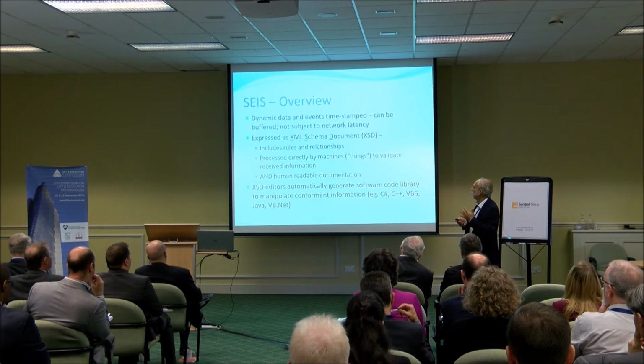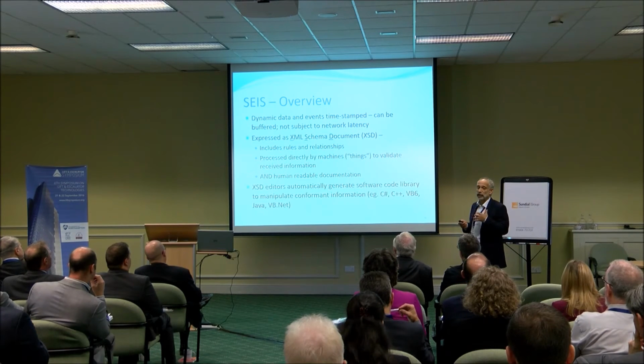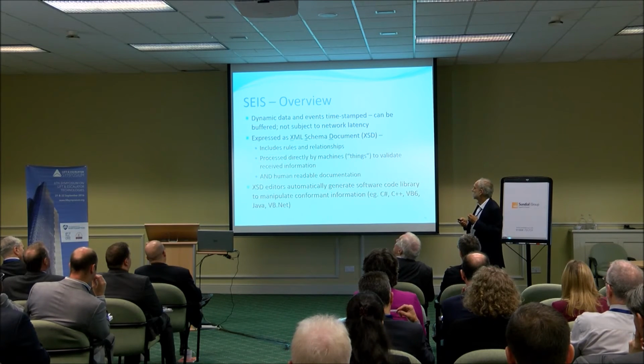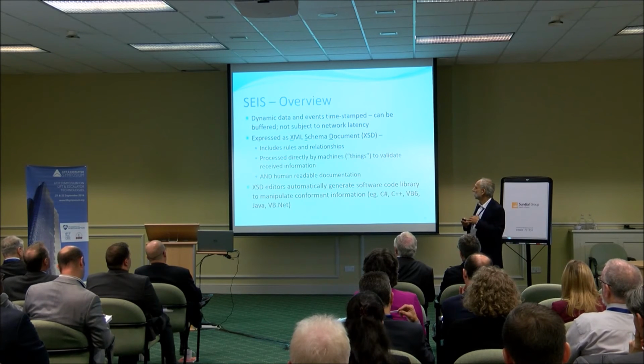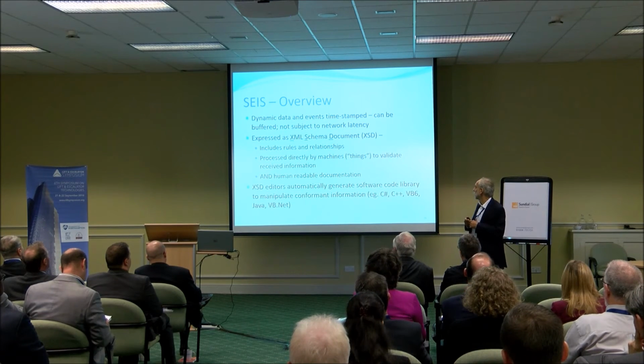As an overview, dynamic data and events are time-stamped, so they can be buffered. It's not subject to the speed of the network that's carrying the information. It's expressed as an XML schema document, or an XSD, which includes the rules and the relationships between the elements of information that it contains. And it can be processed directly by machines.